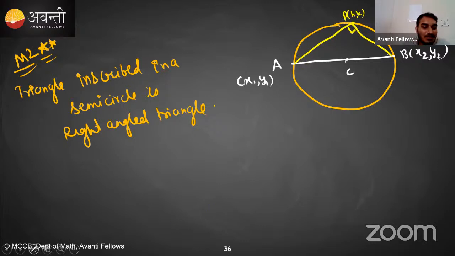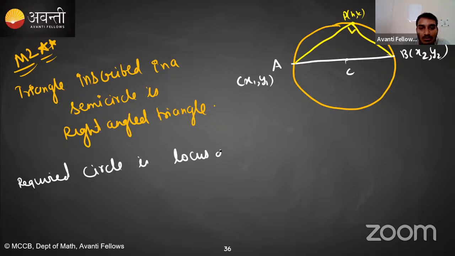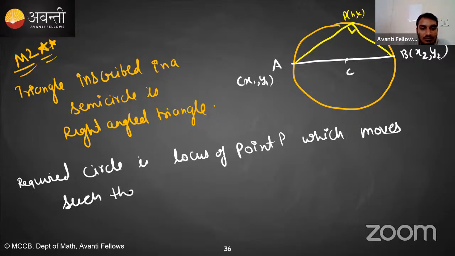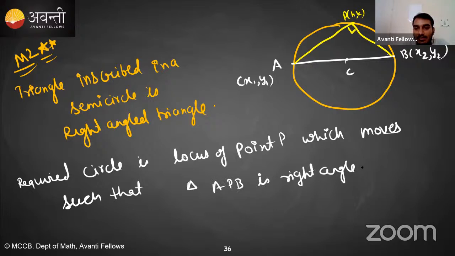Everybody agrees, right? So the required circle is the locus of point P which moves such that triangle APB is a right-angled triangle. Everybody agree with me or not?